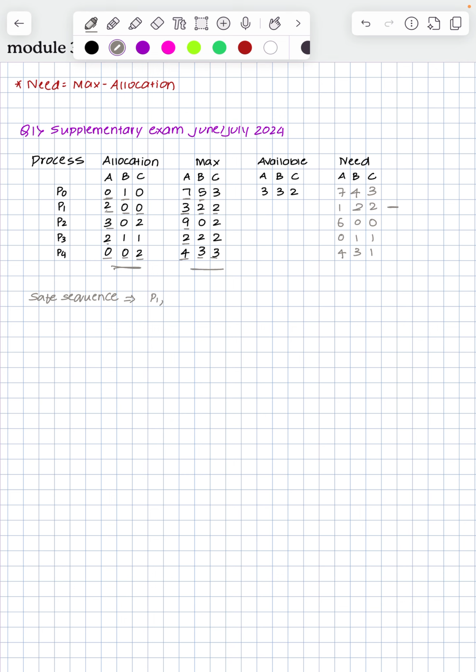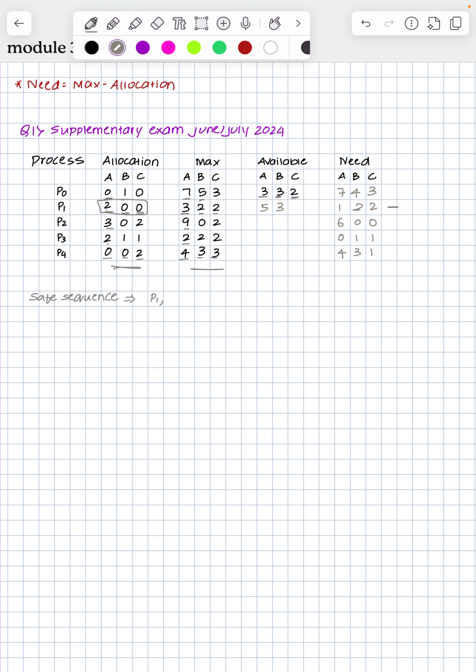After we figure out which process can execute without entering into a deadlocked state, we write that in the safe sequence. And after writing it, we have to add the allocation matrix of the corresponding process to the available. Now we have P1. This is the allocation matrix of P1. We add this to available. So 3 plus 2 is 5. 3 plus 0 is 3.